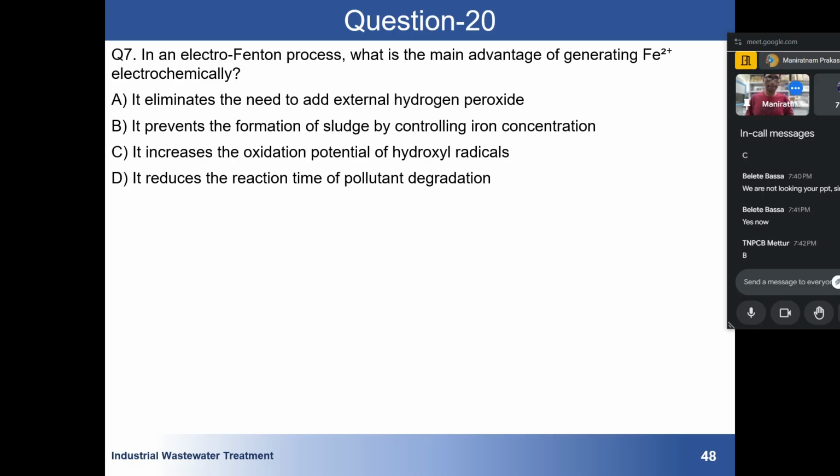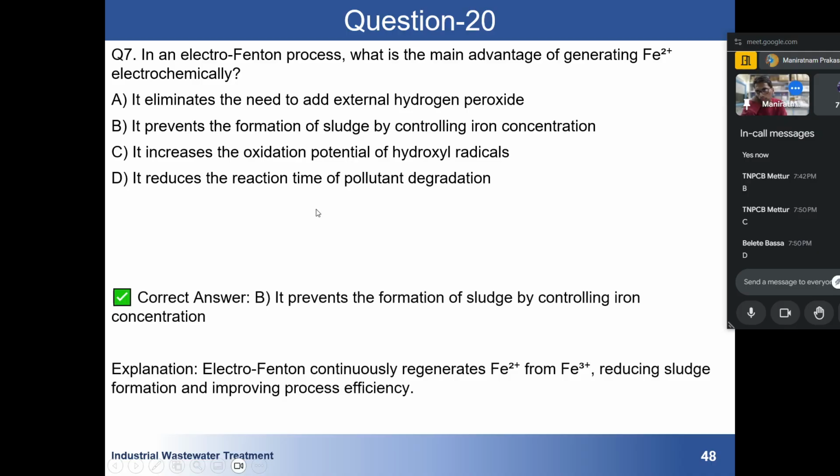Anyone? D, it reduces the reaction time of the pollutant degradation. The correct answer is B. It prevents the formation of sludge by controlling iron concentration.